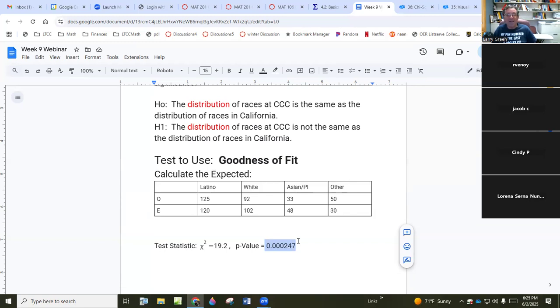Okay, is that a large value or a small value? Yeah, it's small. Okay, so usually when you're talking about this chi-squared, usually the level of significance is not given, but we know how to use the numbers now. So it's not just a little small, this is very small.